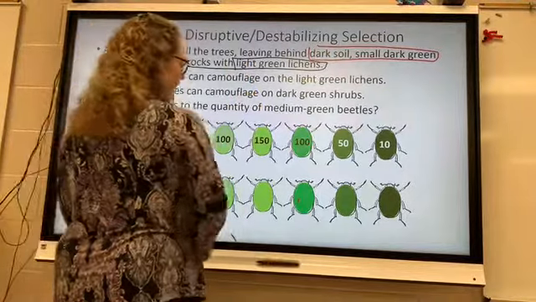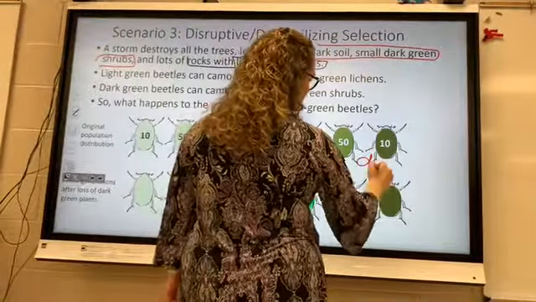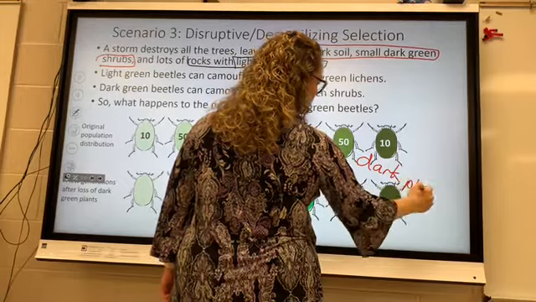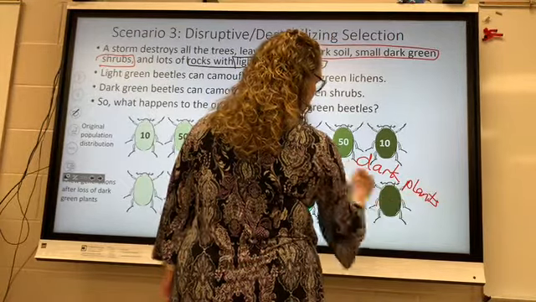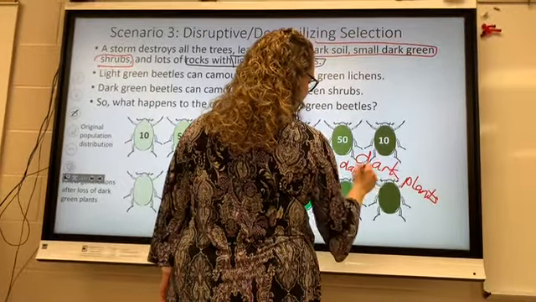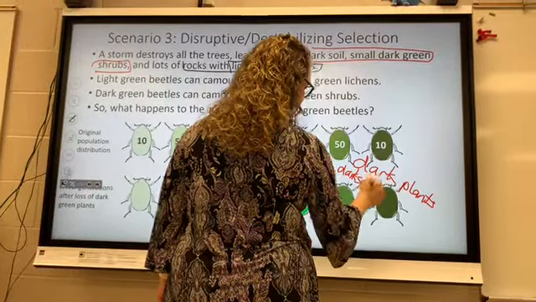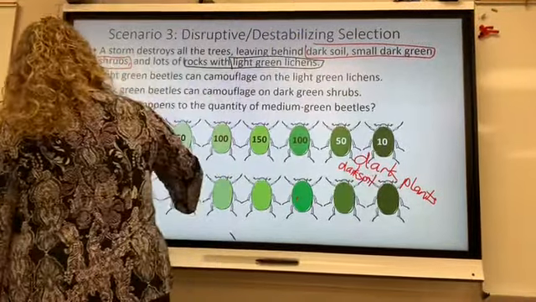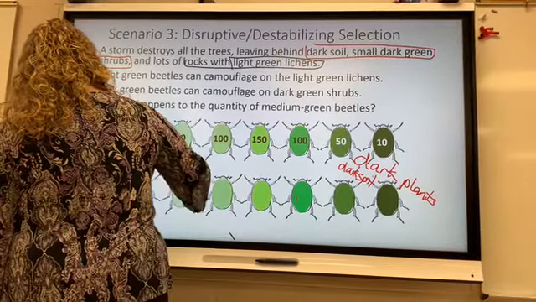So we've got dark plants and dark soil, and we've got light green lichens.